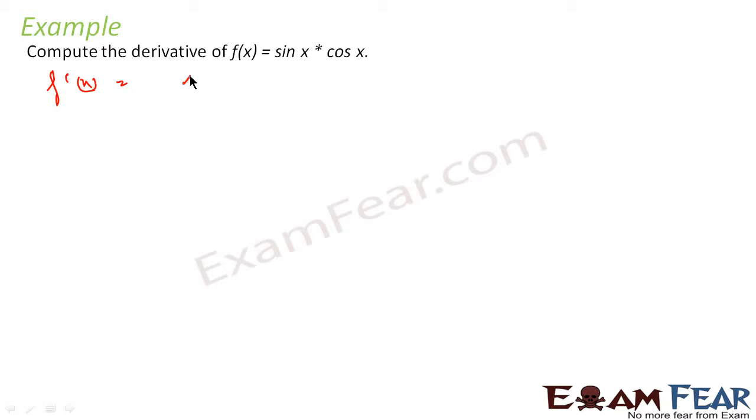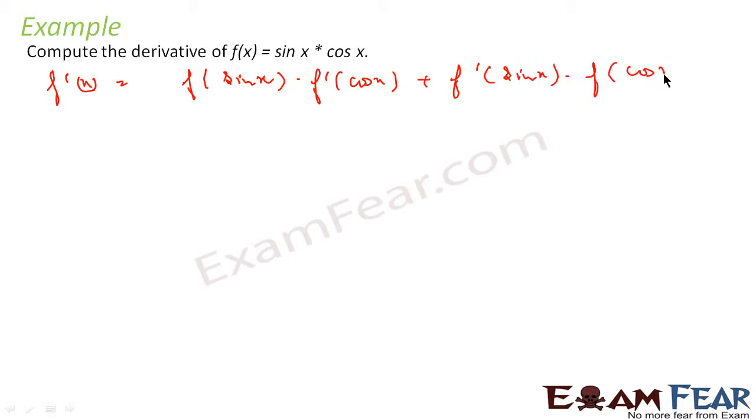This will be sin x into f dash of cos x, which is nothing but minus sin x, plus f dash of sin x, which is nothing but cos x into cos x.